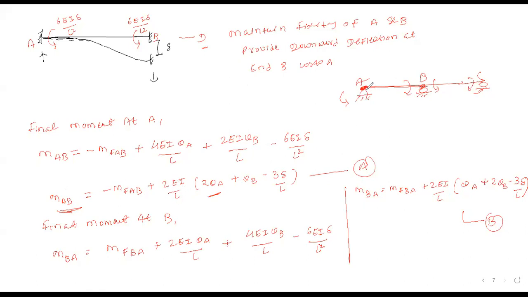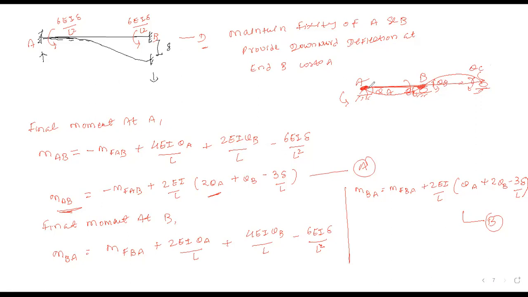If I am considering MAB at joint A, we have a connecting joint B also. So we have probably two slopes here, depending on the kind of junction: theta A, theta B, and theta C.